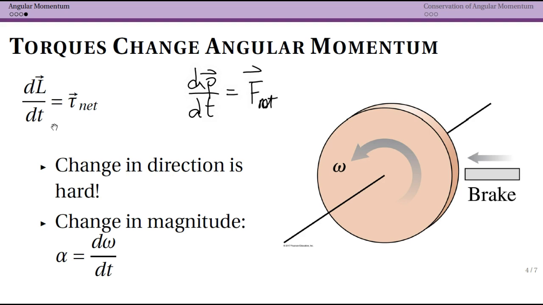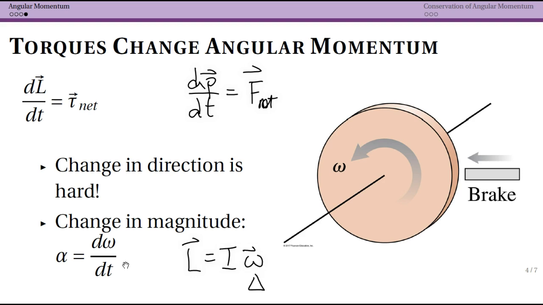Now there are two situations we would think about. One is simply changing the direction without changing the magnitude. That's really hard. That's actually section 12 dealing with gyroscopes, and we are not worrying about that. The second situation, which is easier to think about, is that the direction is the same and we're only changing the magnitude. Remember that our angular momentum is equal to our moment of inertia times our angular speed.